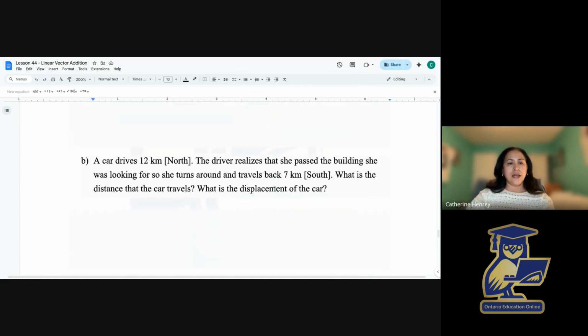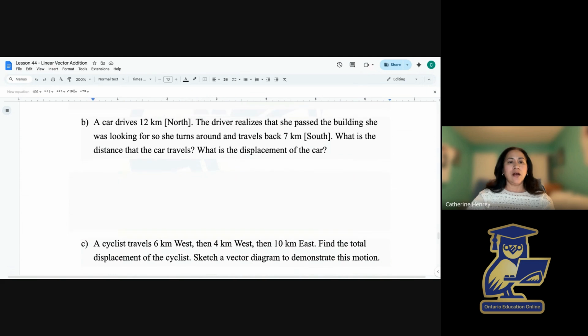All right, let's take a look at a car. The car drives 12 kilometers north. The driver realizes that she passed the building she was looking for, so she has to turn around and travel back 7 kilometers south. So what's the distance and what's the displacement? So again, the distance being a scalar quantity, let's turn the bold off.